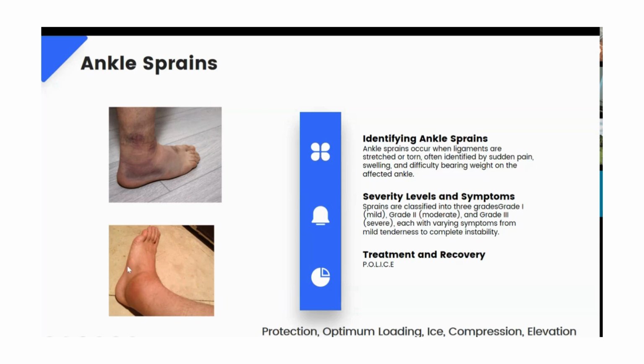So what do we mean by ankle strain? If we have an ankle strain, we're a lot more likely to affect different structures, including the muscle and the tendon, whilst an ankle sprain usually relates to all the different ligaments that maintain the integrity and structure of your ankle joint.